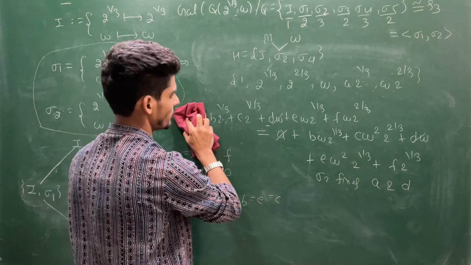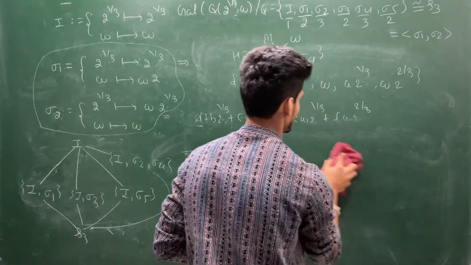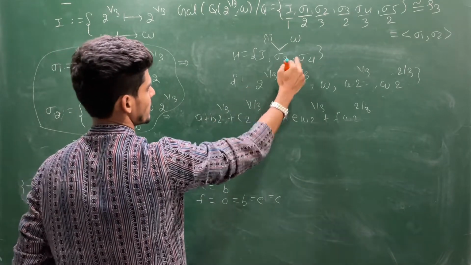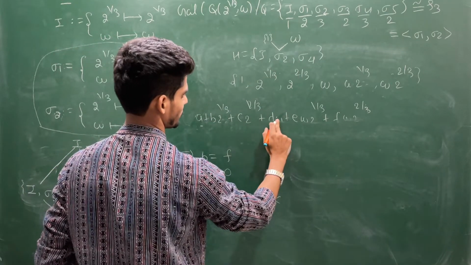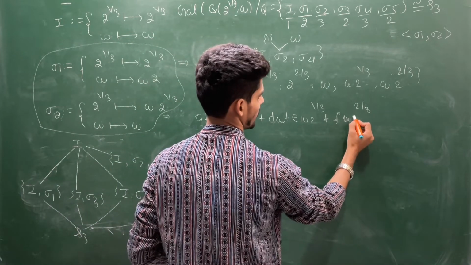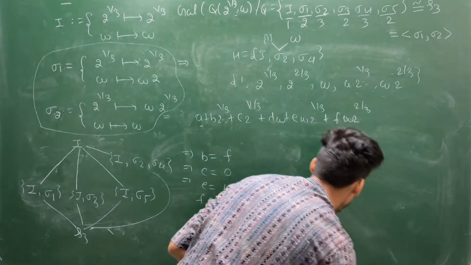So I am removing this part, removing this line. I will not remove this because I need to show it for sigma 4. So let me remove this one also.